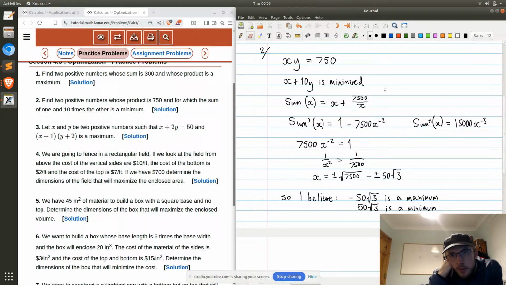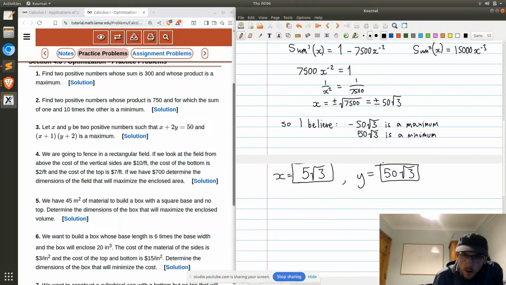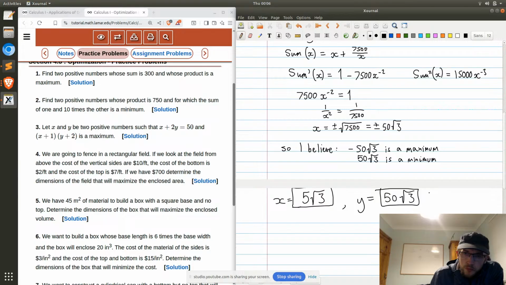y is equal to 750 over x. That's great, but wrong.